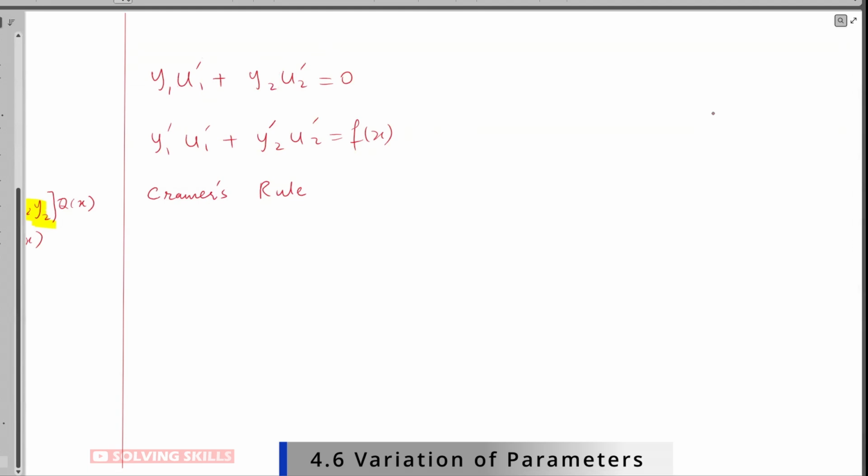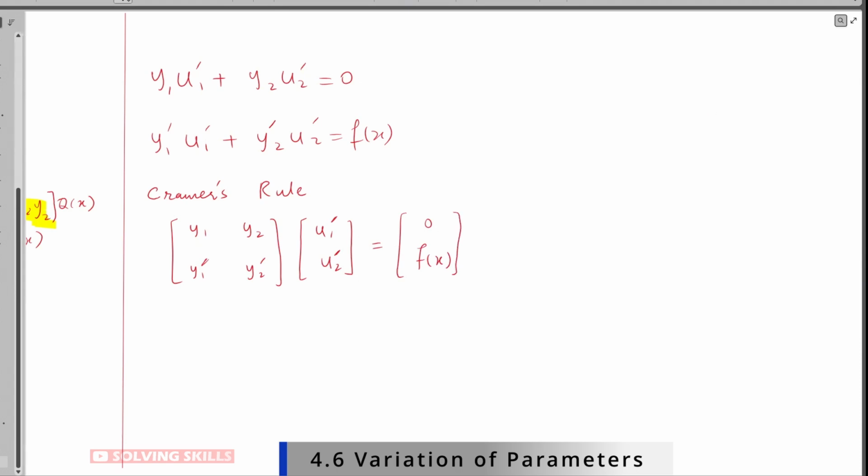So when you multiply the matrix y1, y2, y1 prime, y2 prime with the vector u1 prime and u2 prime, you get the vector 0, f of x.